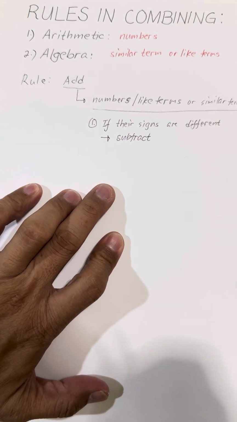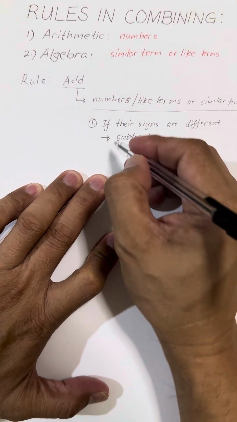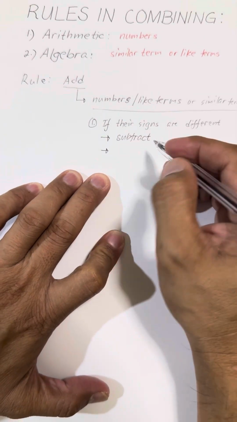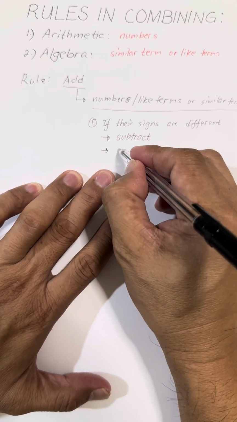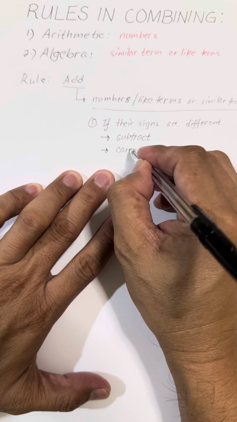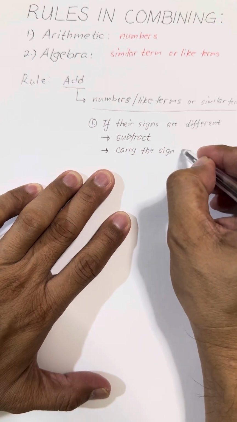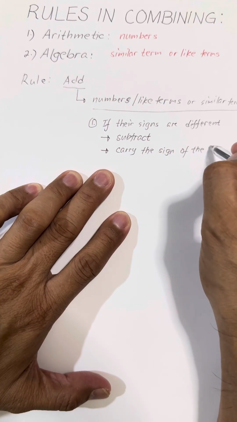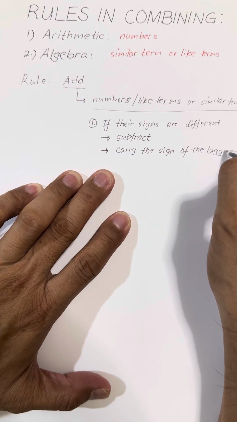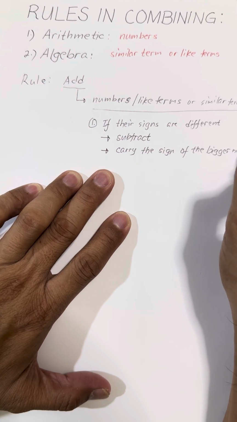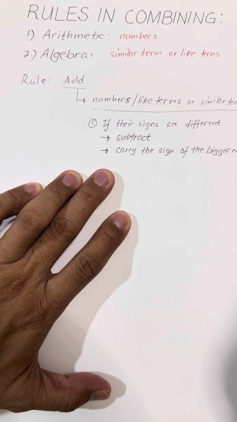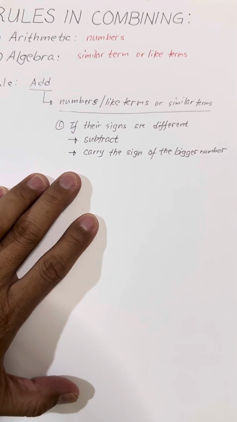All right, and the result of the subtraction should carry the sign of the bigger number when you're dealing with arithmetic.